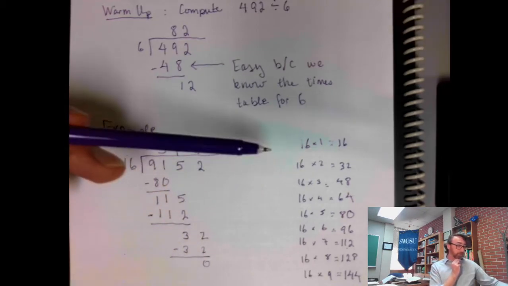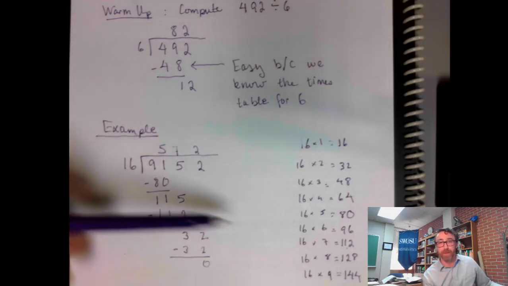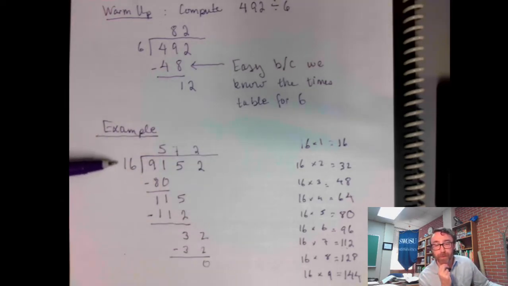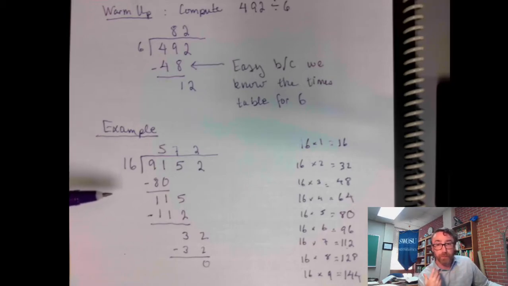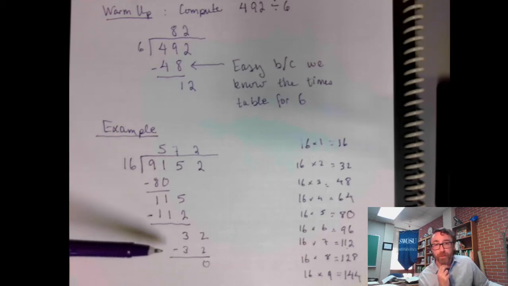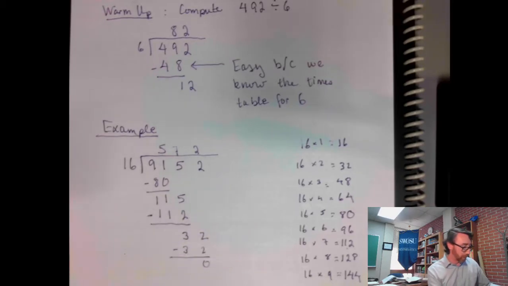All right, now, you don't want to create this table every single time you got to do a long division by a 2-digit number. It will be a nightmare. So what you can do is you can use estimation to help you find the multiples that work without having to write this out. So this is not a great way to do it.